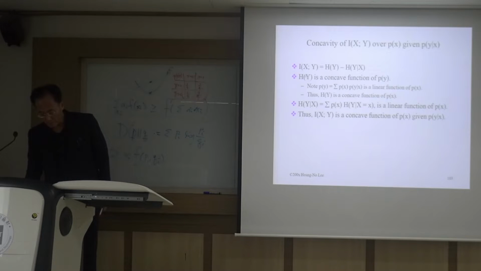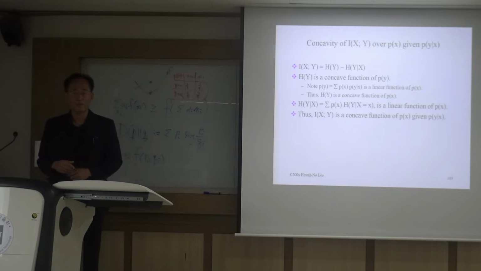Here, Cover and Thomas says this: mutual information is H of Y minus H of Y given X. And H of Y, we have proven it is a concave function of P of y. And H of Y given X is a linear function of P of x. That's the only explanation Cover and Thomas give you.